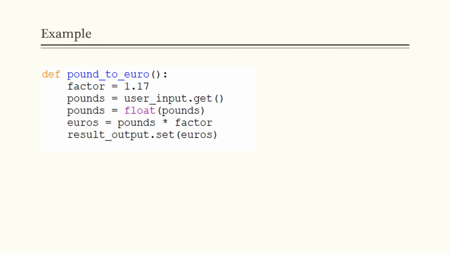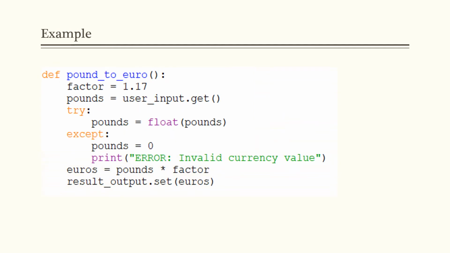So what we would do using the skills that we've already learned in class would be to use exception handling. Here's one I did earlier. So we try to convert the pounds into the float data type, except if we can't, we just set pounds as 0, and to be helpful, we show an error message on the screen, invalid currency value or something like that.